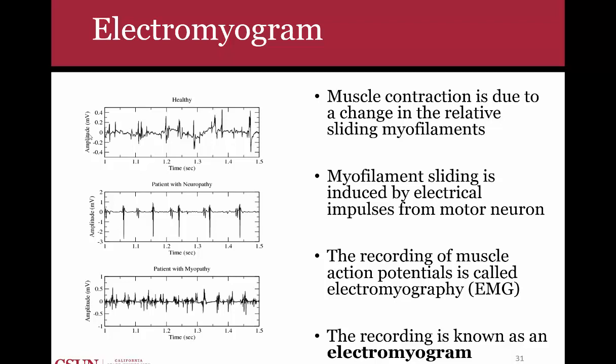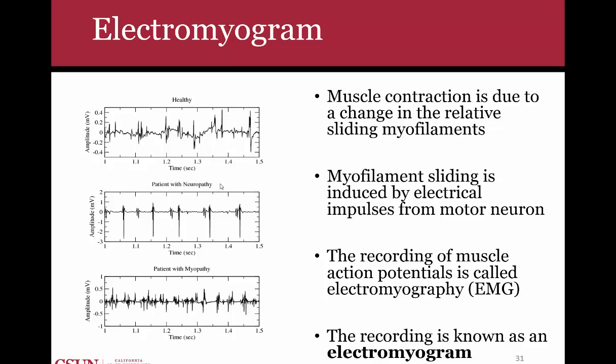Each of these is showing the summation of all of the neurons that are firing off to essentially make the muscle contract in a specific location. This is an amplitude of that voltage, which is sub-millivolts, over time. You can start seeing some patterns if you have a specific kind of disease.